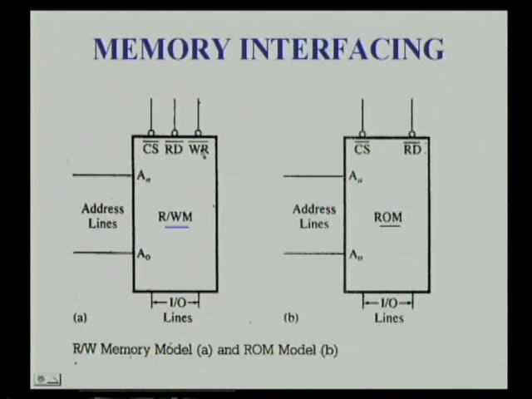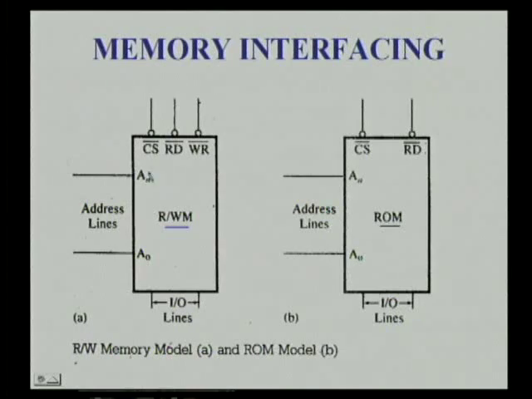Read bar and write bar are control signals. So if the microprocessor wants to write some data into this read write memory, first it has to place the address, that is called identification. Then it has to place the data it wants to write onto the data lines, and after that it has to send the write bar control signal, so that whatever data is available on the data lines will be copied into the desired memory location.